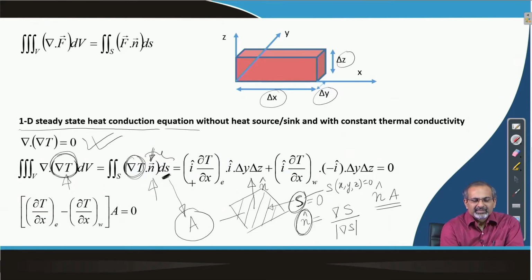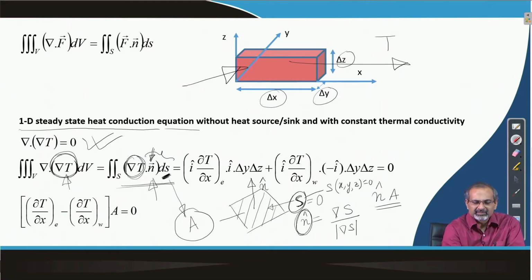Now, having said all this, you can now figure out how this surface integral can be worked out for a control volume like this. So, this is a one dimensional problem with variation of T along x direction only. So, T would change only along x.